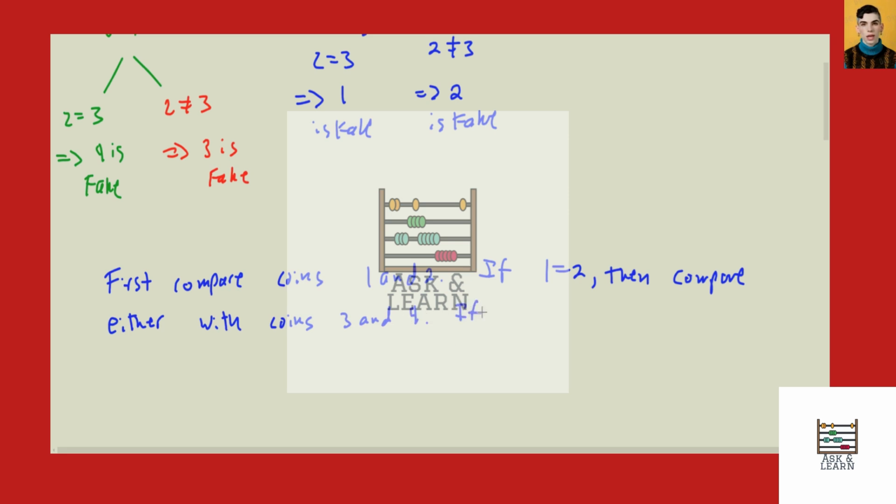So if 3 is the same weight as either coin 1 or 2, then 4 is the fake.